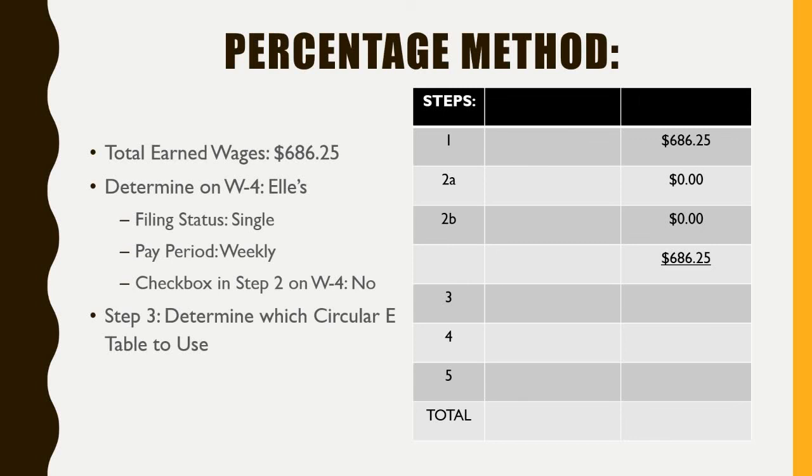She's earned a total of $686.25. Her W-4 says that she filed as a single status, and her pay period is weekly, and of course, because she only has one job, the checkbox in step 2 on the W-4 is no. So let's go ahead and determine it through the Circular E table.